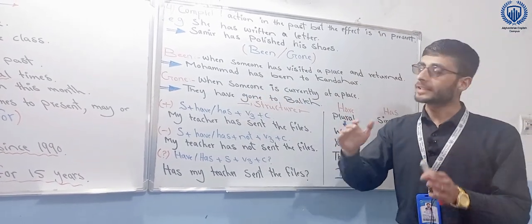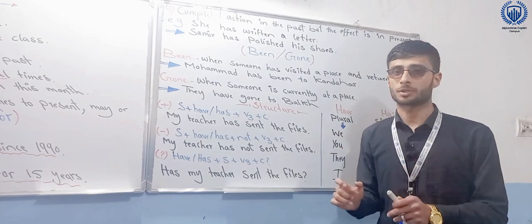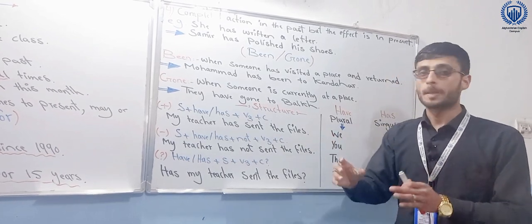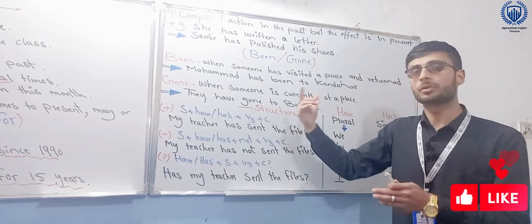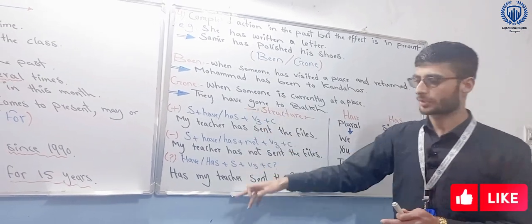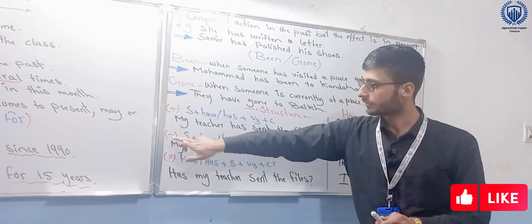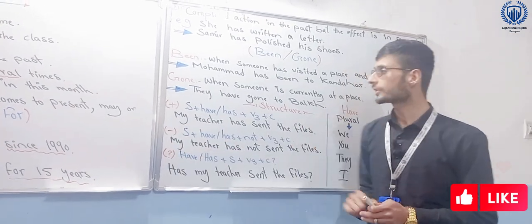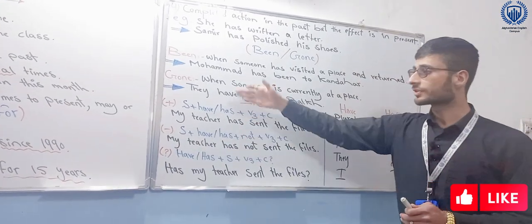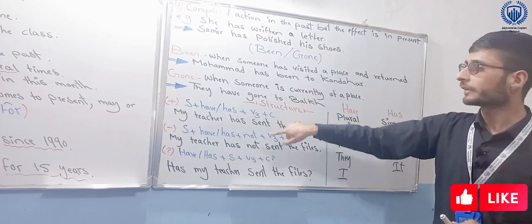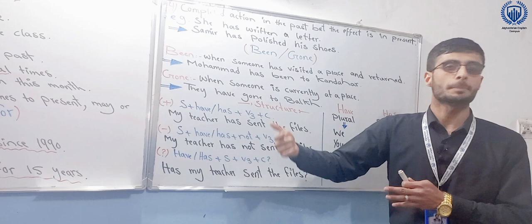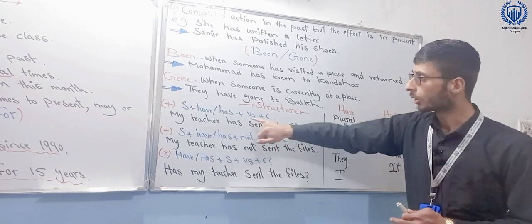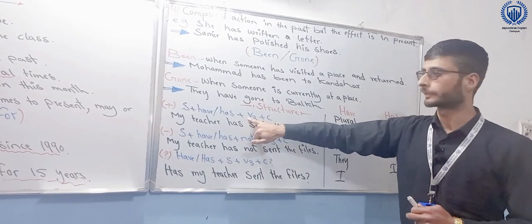As you know, in every tense we have structures. The structures are something that we can form our sentences according to. There are three structures: the positive structure, negative, and interrogative structure. Before coming to structures, in present perfect tense, we should use have and has plus the past participle form of the verb, or it's called the third form of the verb.